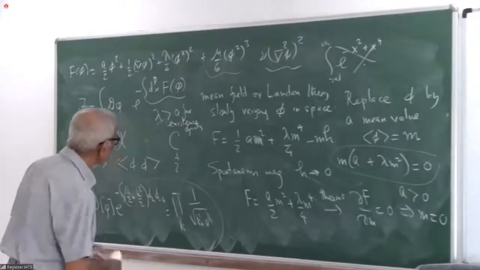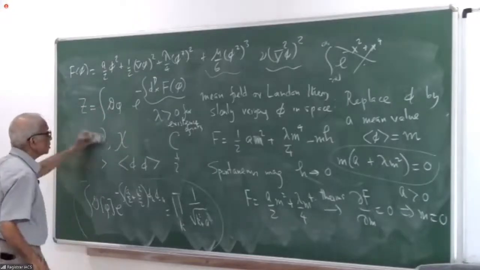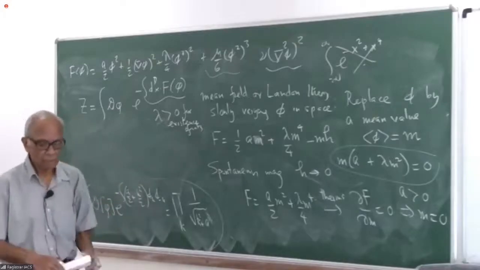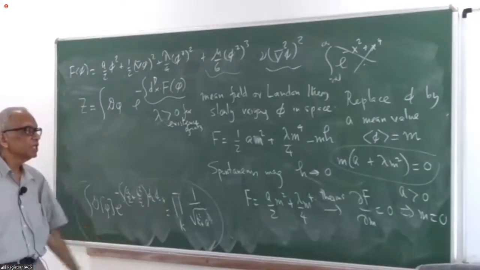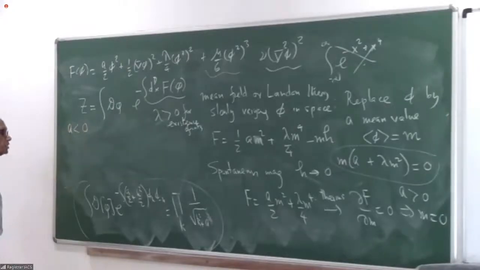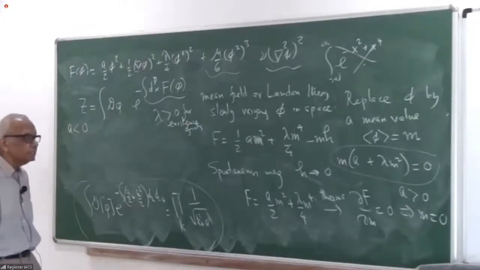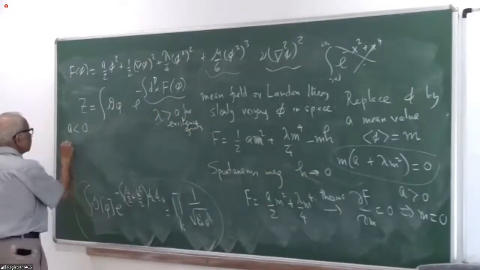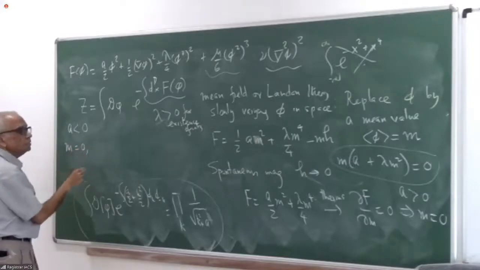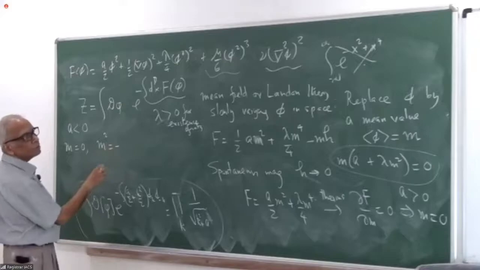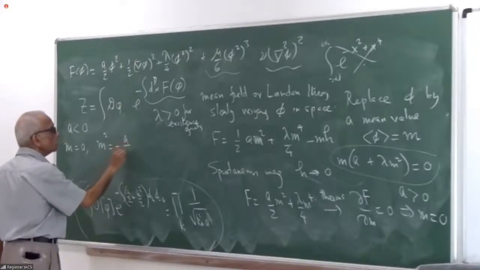But if A is less than 0, then you have three possibilities. There is M equal to 0, and then there is M squared equal to minus A over lambda.